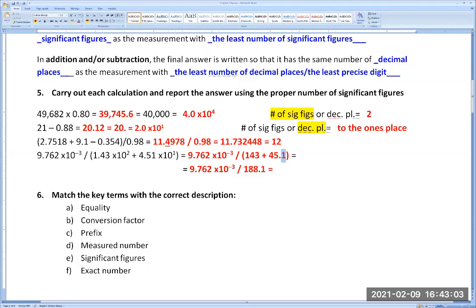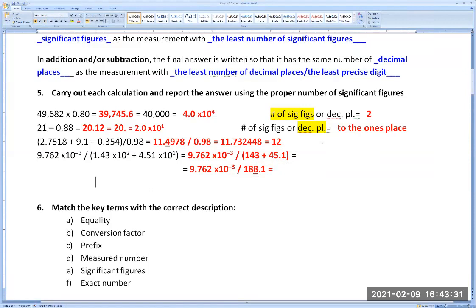And here it is precise to the 10th place. So the least precise is to the ones place. So that means we would need to round, if we were to round, to the ones place. So I'm underlining the 8 here to show that I would stop here if I were to round. But I do not round, I keep everything to do the calculation.